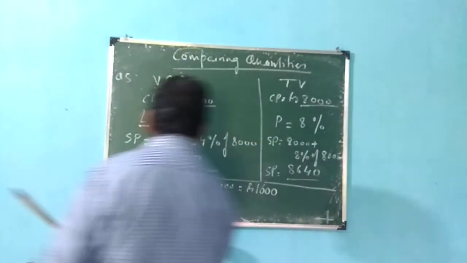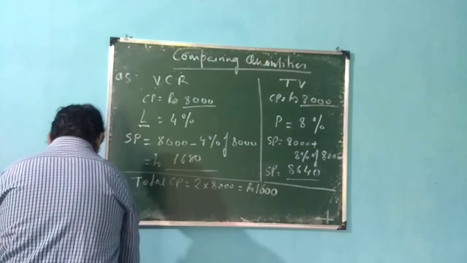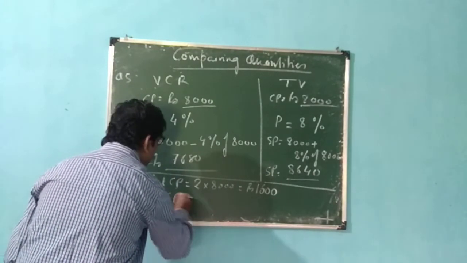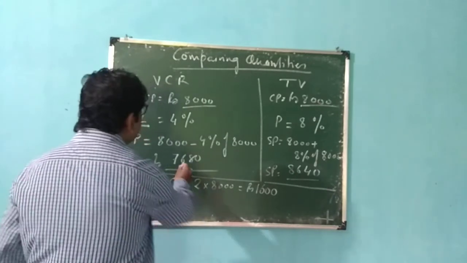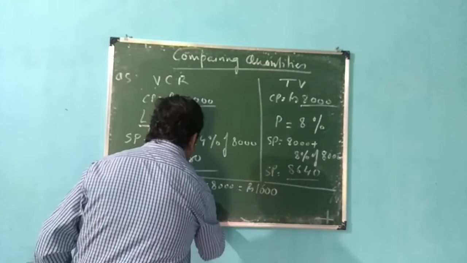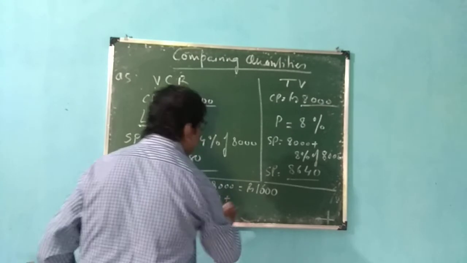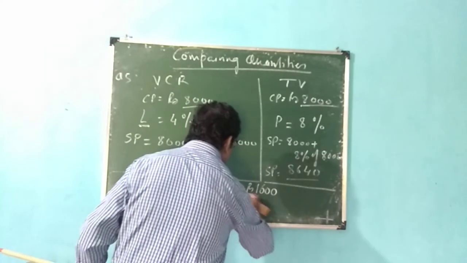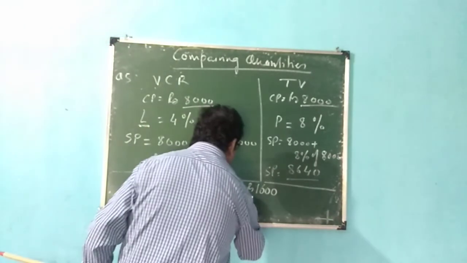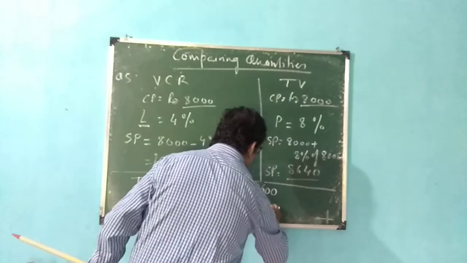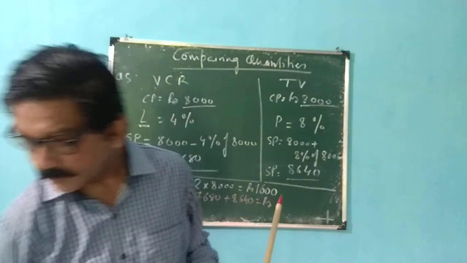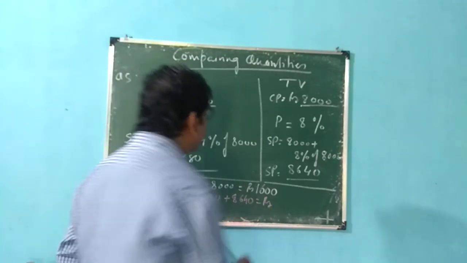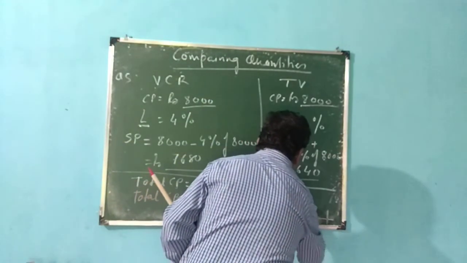Now total SP is equal to this plus this, that is 7680 plus 8640. That will give you 16320.